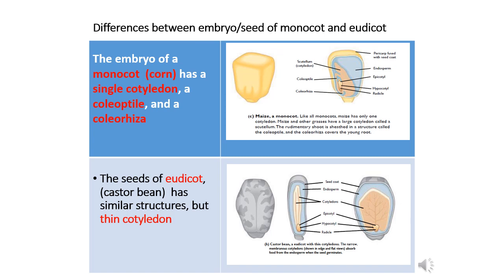So for monocot, usually the embryo will have one single cotyledon, one coleoptile, and one coleorhiza. Tengok mana labelingnya. Whereas for dicot, usually they have similar structure just like the monocot, hanya cotyledon dia nipis, ataupun can be two cotyledons.